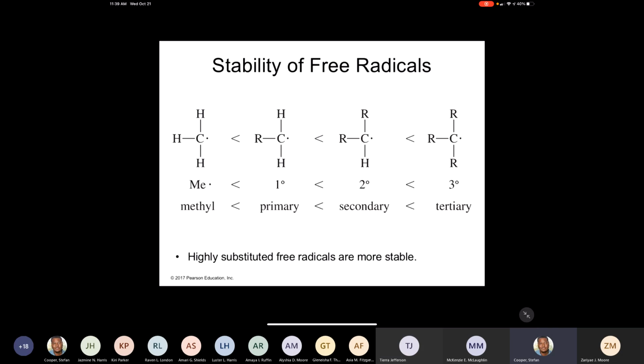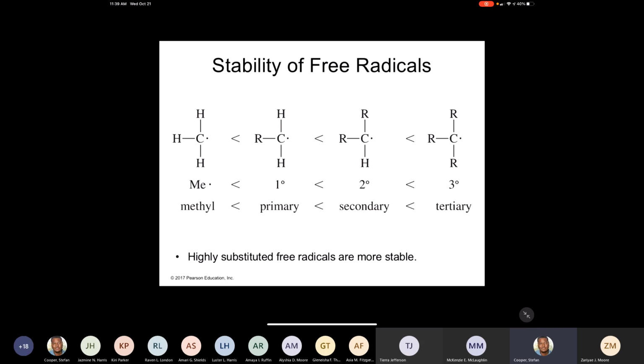That means I do not have a full octet of electrons, right? So how would I stabilize something that does not have electrons? What will you typically need to do to stabilize it? Give it electrons, right? If you can share electrons with me, I'll be better off, okay?